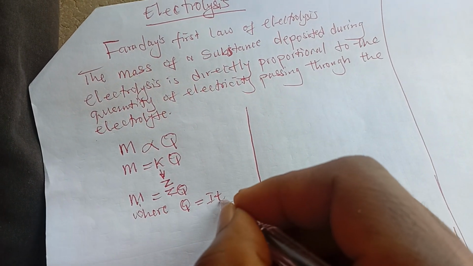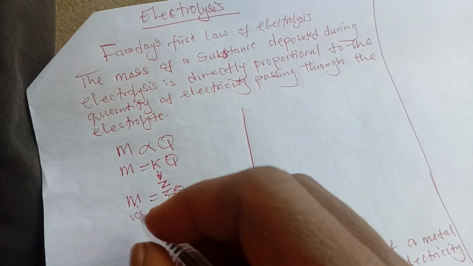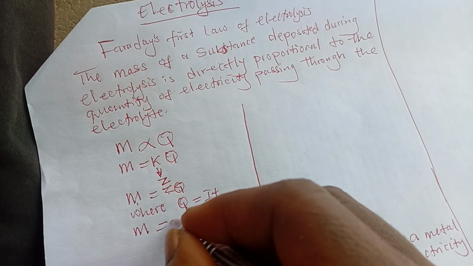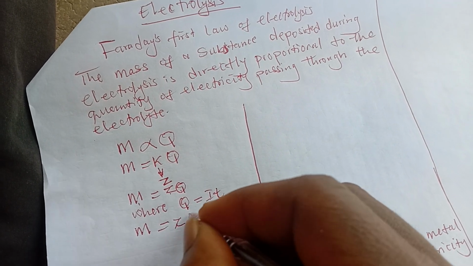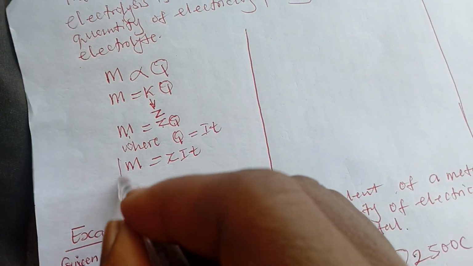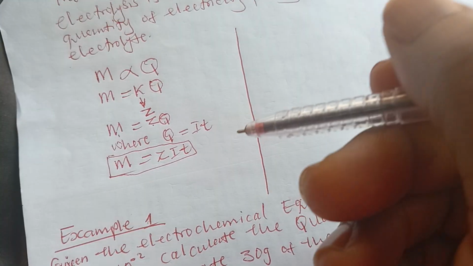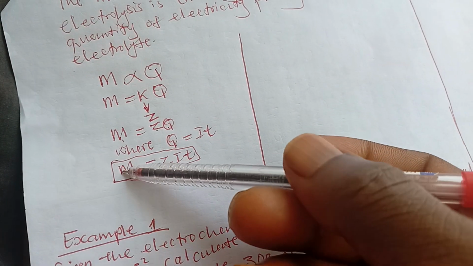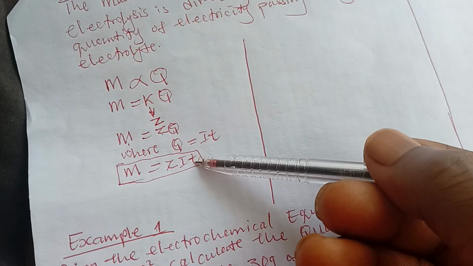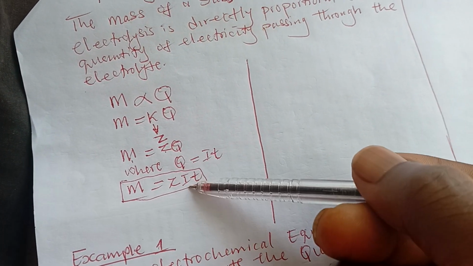If we substitute it back into our initial equation, it will give us m equals ZIT. Generally, this is the formula they usually use whether you want to calculate the mass. If it is the current, you make I the subject of the formula. If it is the time, you make T the subject of the formula.